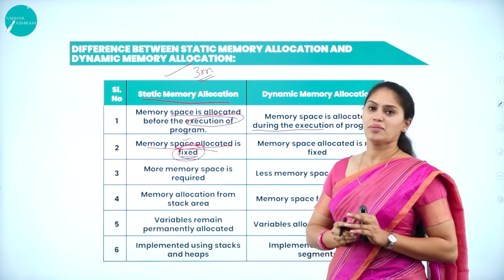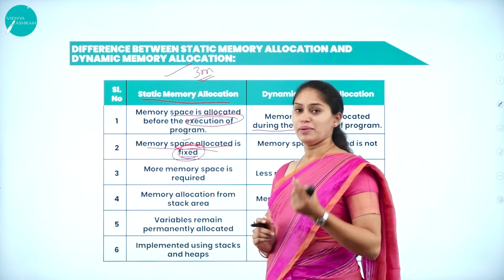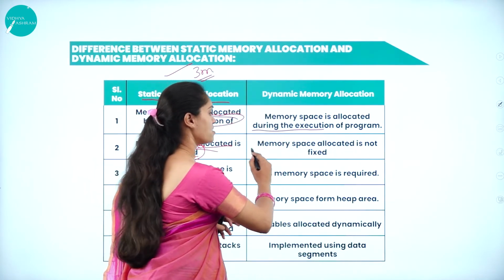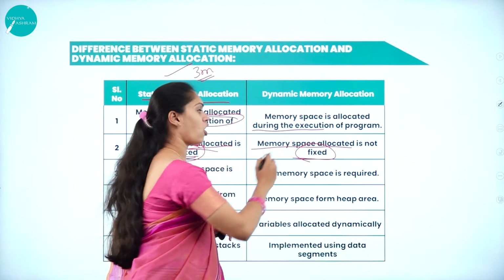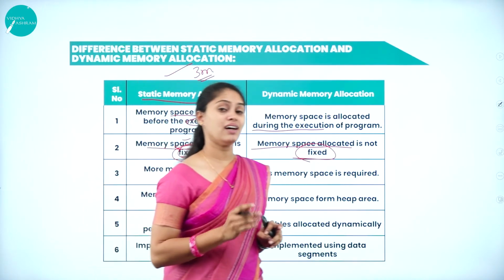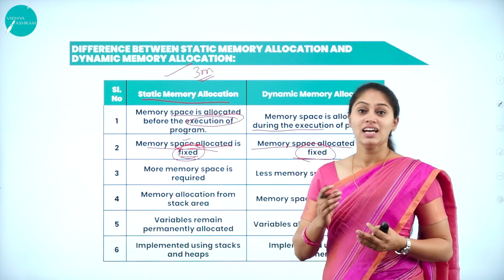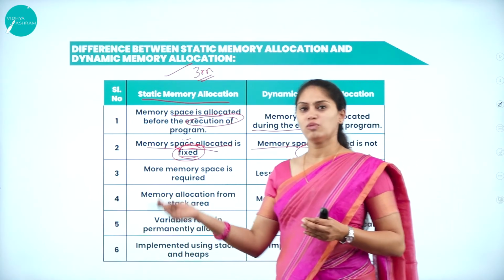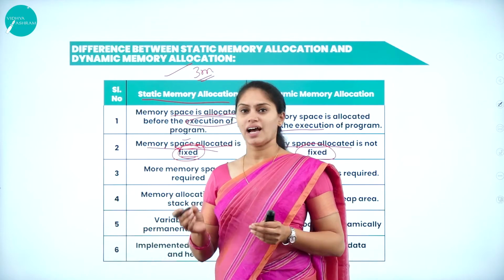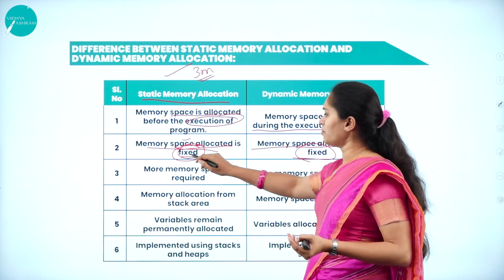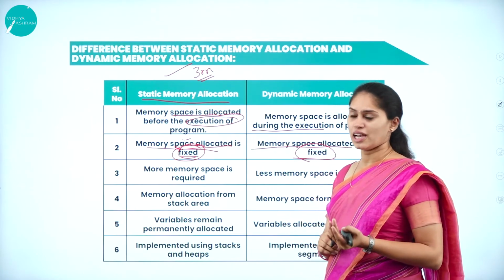But that is not the case in dynamic allocation of memory, because the memory space allocated is not fixed here. If I want some more memory, then I can allocate it with the help of the new keyword. That will not be the case in static memory allocation.